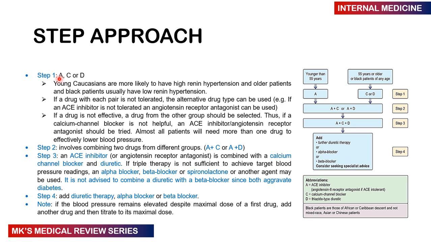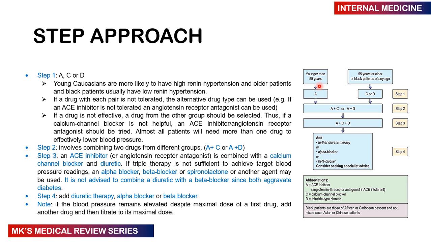So for step 1, we start with a single drug. We can either start a patient on an ACE inhibitor, an angiotensin receptor blocker, a calcium channel blocker, or a diuretic. So if they are younger than the age of 55, we often start them on an ACE inhibitor. That's if they are white or Caucasian, and these tend to have high levels of renin in their body. Even the older patients, we start them on an ACE inhibitor.